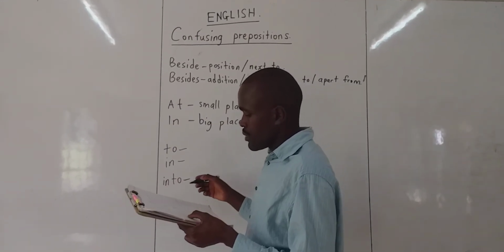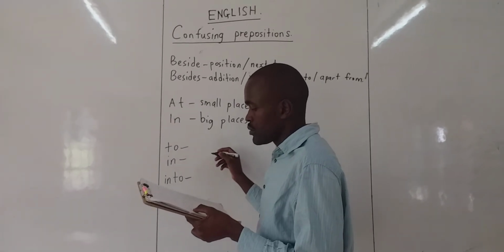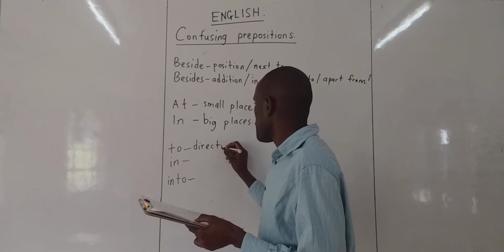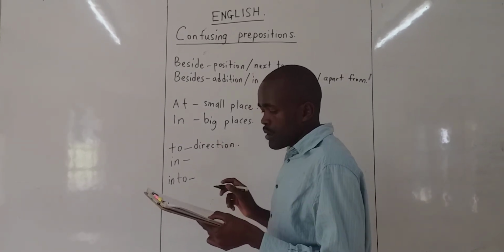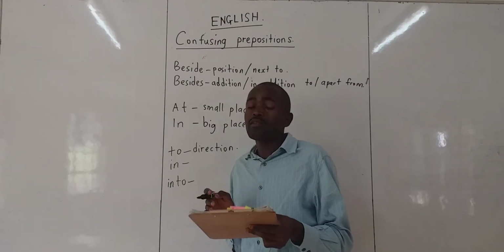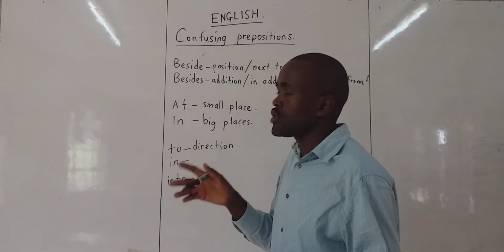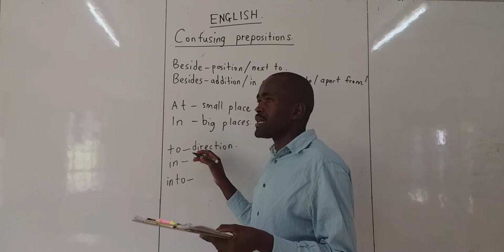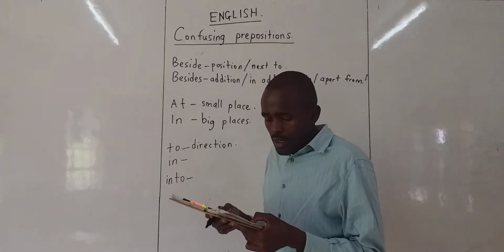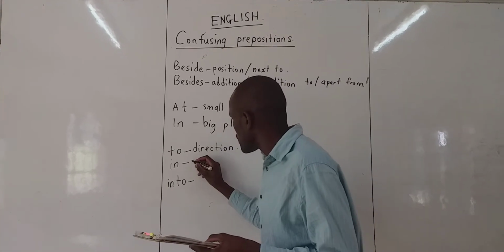Let me talk about to to show direction. For example, I can say, he went to the train station. That is direction.